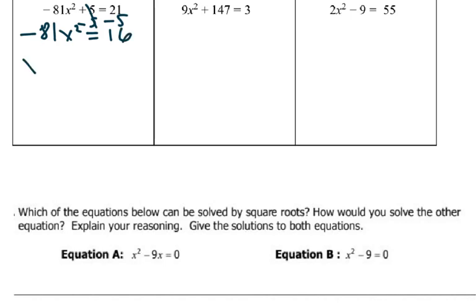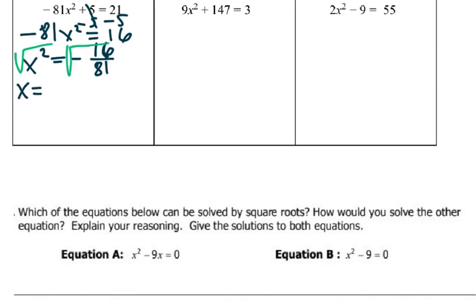All right, so subtracting 5, I get negative 81x squared is equal to 21 minus 5, which is 16. I'm going to divide, and I'm not going to write each step at this point. I'm just going to say it, but I'm going to write down the answer. So I'm going to divide by negative 81, which gives me negative 16 over 81. And I'm going to take the square root.